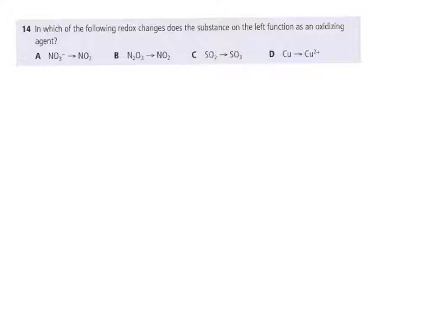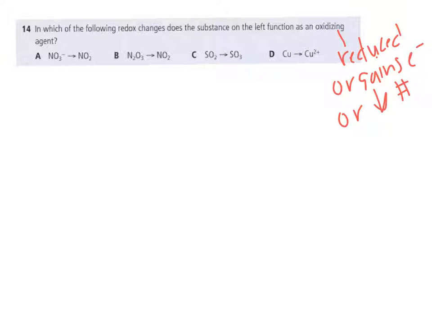And number 14, in which of the following redox changes does the substance on the left function as an oxidizing agent? So again, it means itself has been reduced, or gains electrons, or decreases in oxidation number. So probably the easiest is to look at oxidation number.